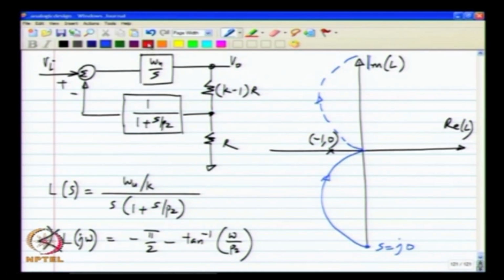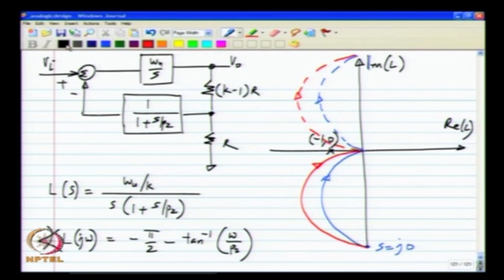Now it turns out that if you have a lower value of P2, it does that, okay, the phase angle increases and it comes closer and closer to the negative real axis.